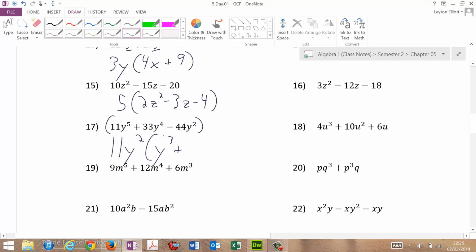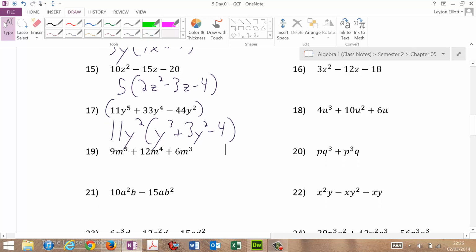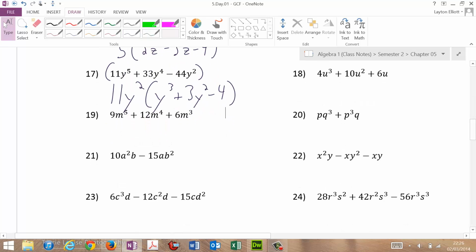Plus, I'm going to keep the pattern going, 3, because I pulled 11. 11 divides into 33 3 times. Y to the fourth becomes y squared, and then minus 4. And that's it.